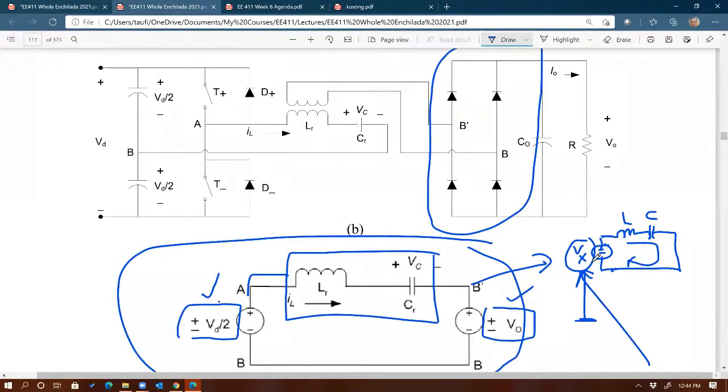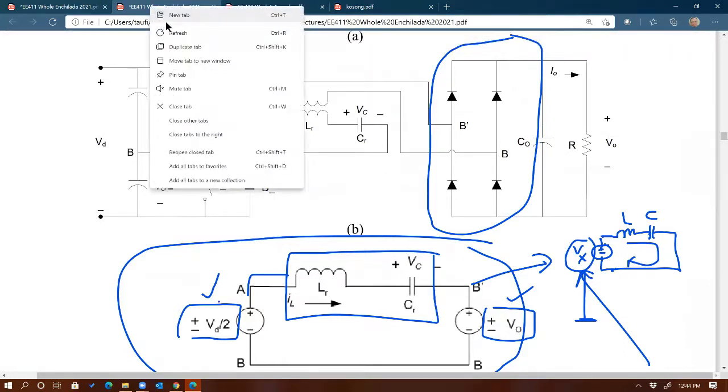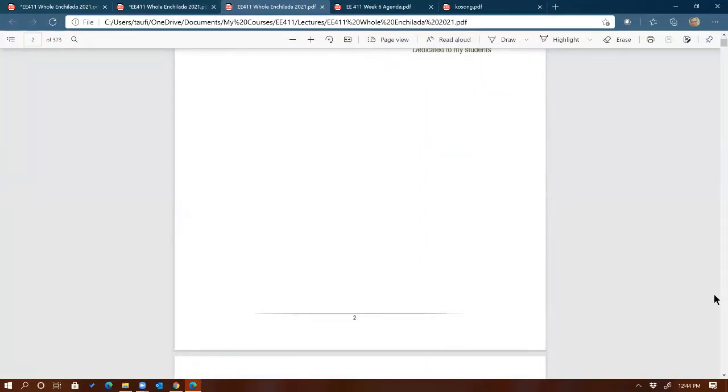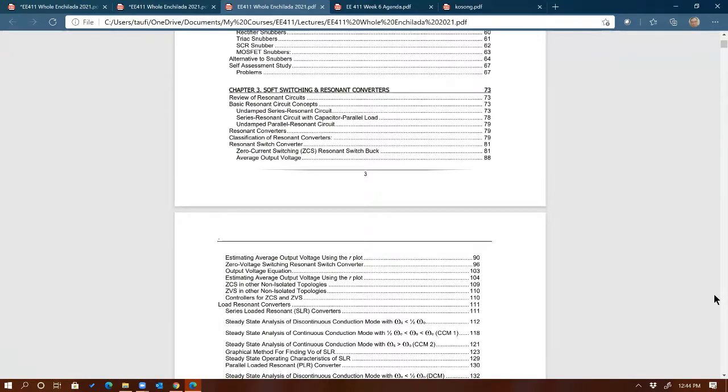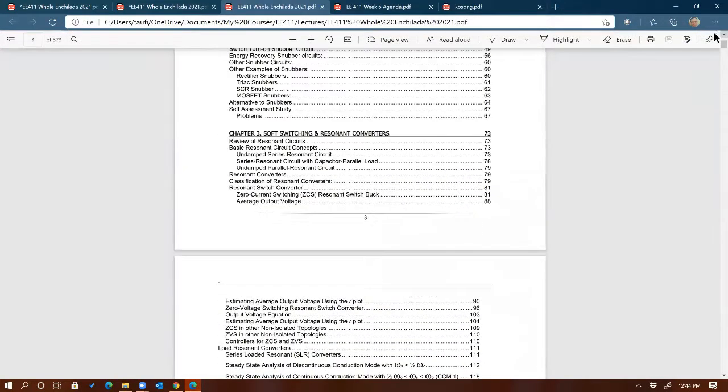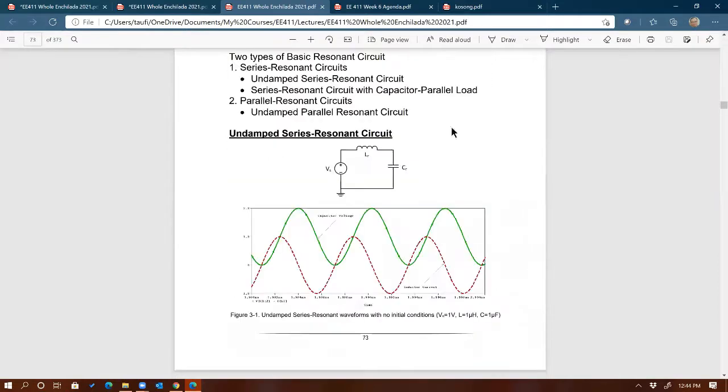Well, different magnitudes, right? If you have different magnitudes of Vx, then you're going to get different equations for the sine waves, right? Let me duplicate this tab because I don't want to lose that page. It goes back to the beginning of the chapter when we talked about the basic resonant circuit. Yeah, that one right there. That's exactly this circuit.